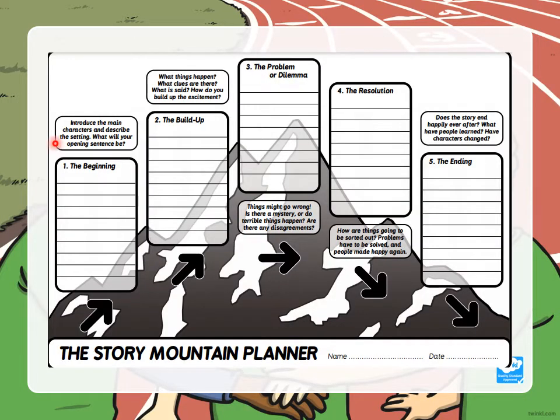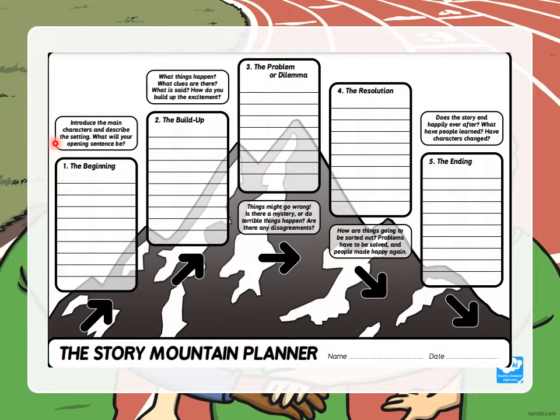Then, boys and girls, I want you to just create your own story mountain planner. I want you to think about what your character will be doing at the beginning or the setting, the build-up, the problem, the resolution, and the ending. This is just a quick sentence or quick ideas.